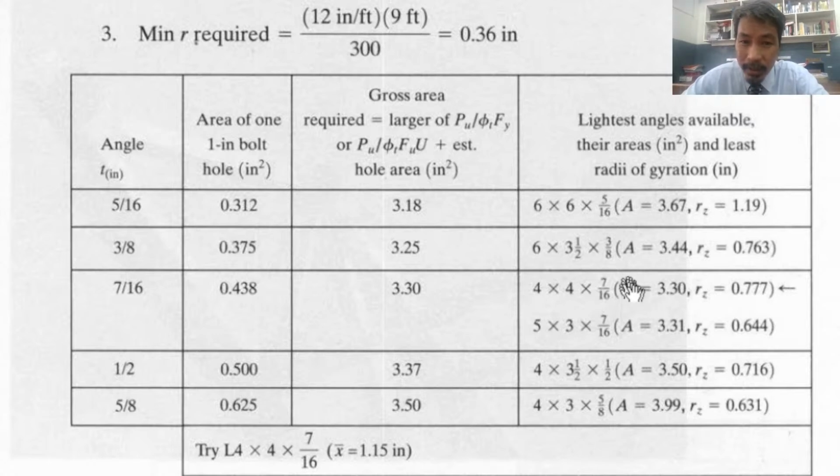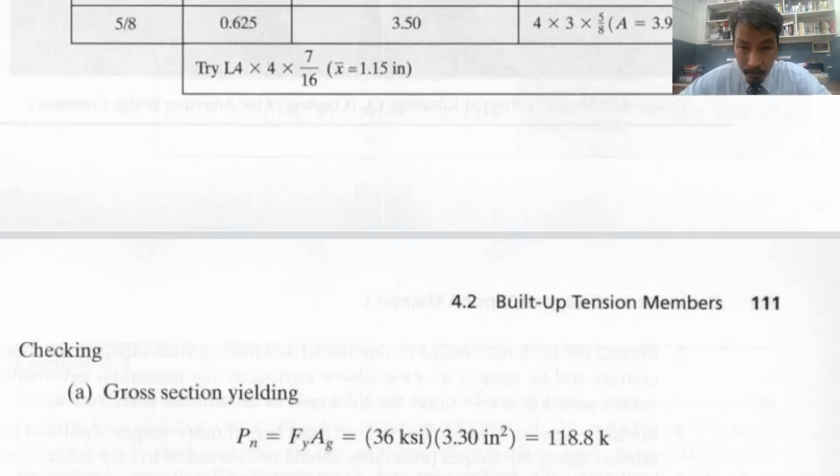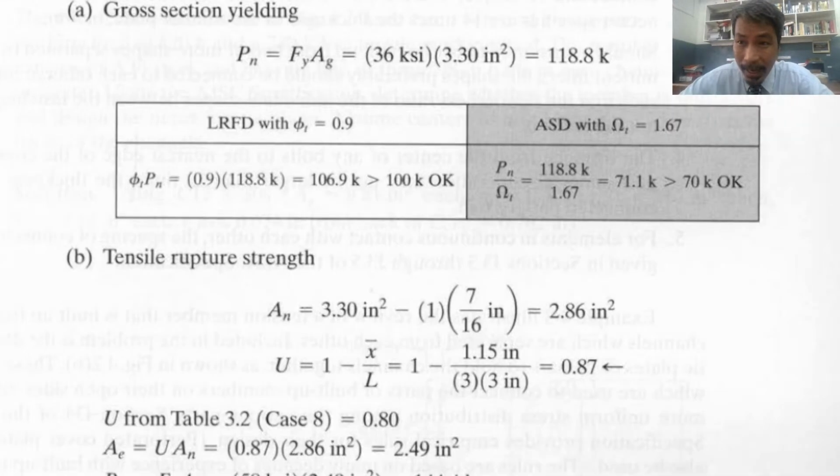So this is the most economical element, so we have to choose this. That is the only thing different from the previous chapter. So we have that criterion on how we choose the element, in terms of weight.